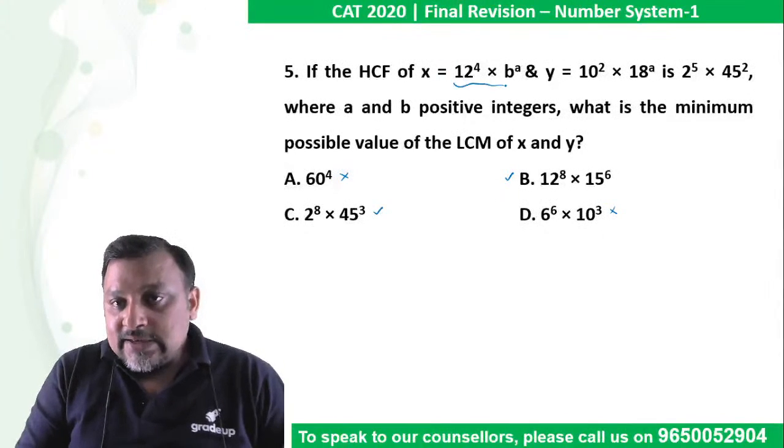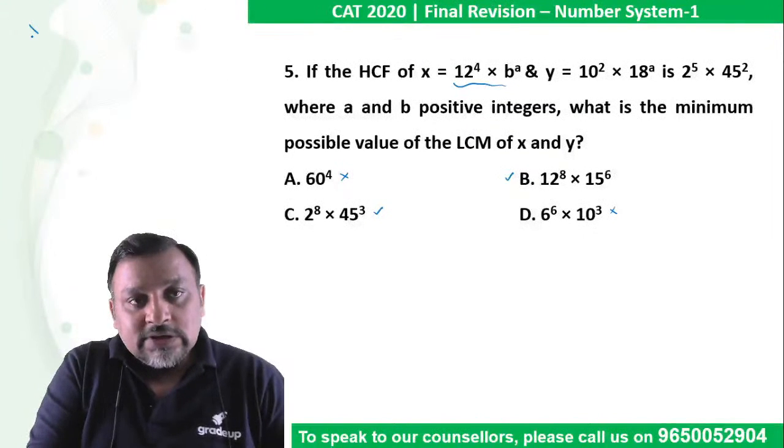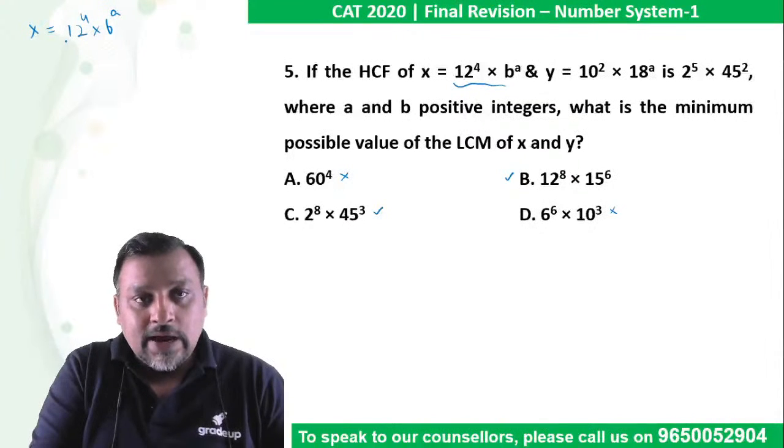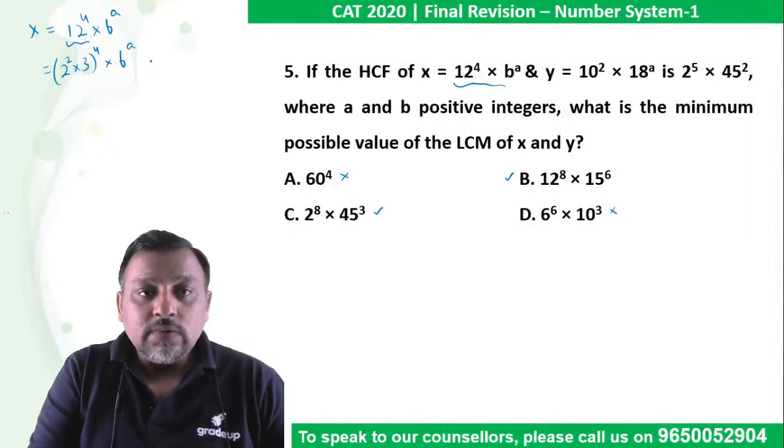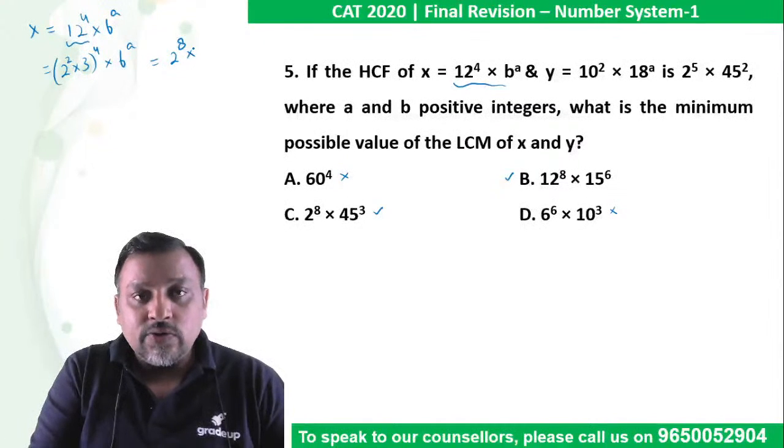Since x is this, 12 raised to the power 4 into b raised to the power a. And 12 is what? 2 square into 3 is 12. So it is 2 raised to the power 8, 3 raised to the power 4 into b raised to the power a.